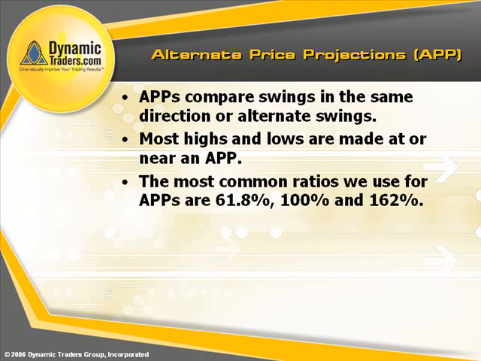And just to show you what we're looking at, this is the dynamic retracement set. So in our Dynamic Trader program, we can set up any retracement sets or any alternate price projection sets that we want, so we don't have to go in each time to check off or enter the different levels. We just choose the set that we want to use.